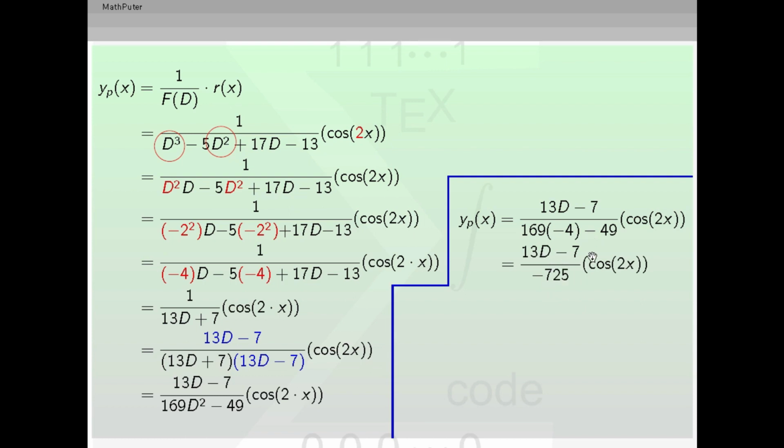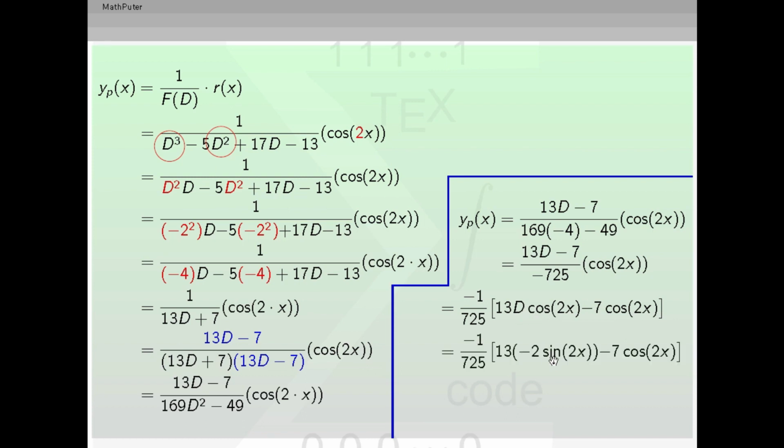So we have (13D minus 7) into cos 2x, which is minus 1 upon 725 times 13D into cos 2x minus 7 into cos 2x. What is D? D is the operator. You can recall the first lecture in which we discussed some mathematical symbolism. D is nothing but the derivative with respect to x. So let us differentiate cos 2x with respect to x.